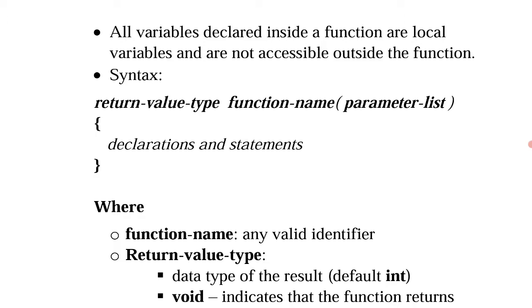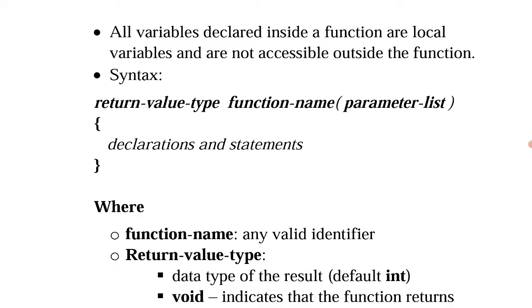The variables defined and declared within a program or within a function are called local variables. What are global variables? The variables defined and declared outside the main program are called global variables.